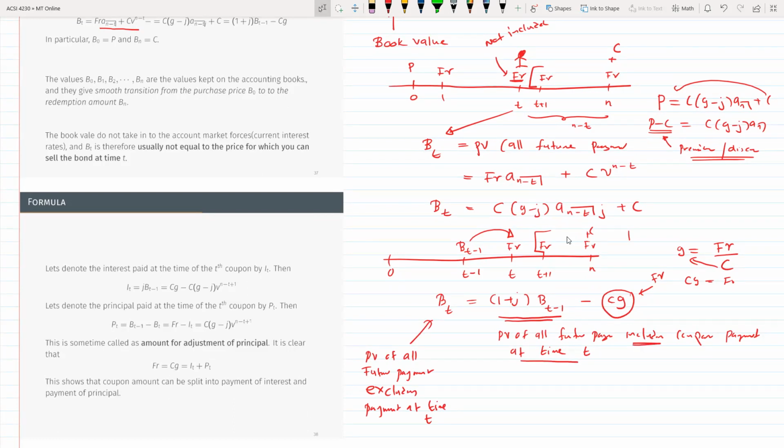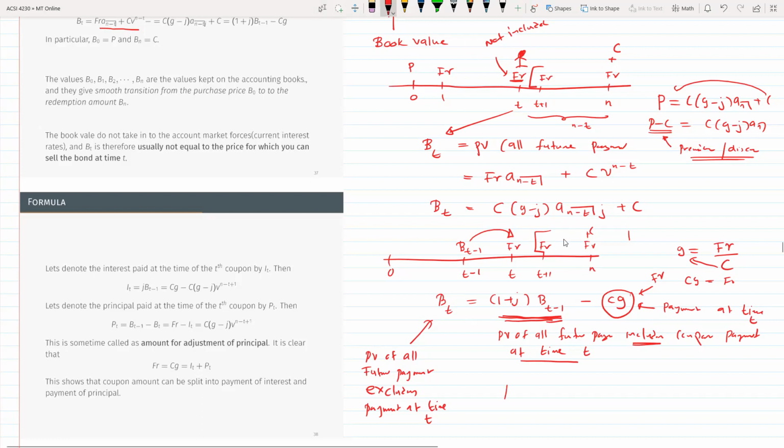So we have removed the payment at time t. So this is the payment at time t. So you can't just leave it here. You remove the payment at time t, which is basically the coupon payment, or Cg, or Fr. So you get this transform.